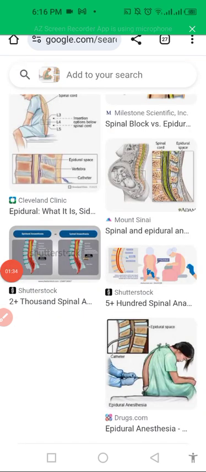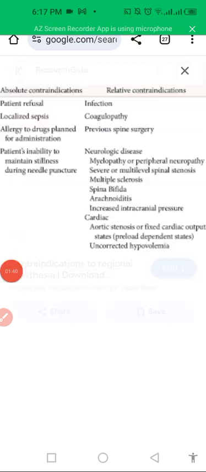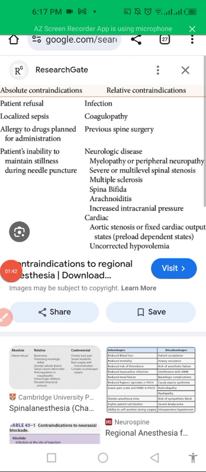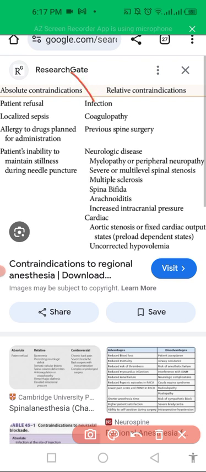there are some contraindications of spinal anesthesia. If the patient has bleeding, infection, raised intracranial pressure or intracranial hypertension, or patient refusal, or any localized sepsis, allergic drug reaction, patient's inability to maintain the still position, and previous spine surgeries.